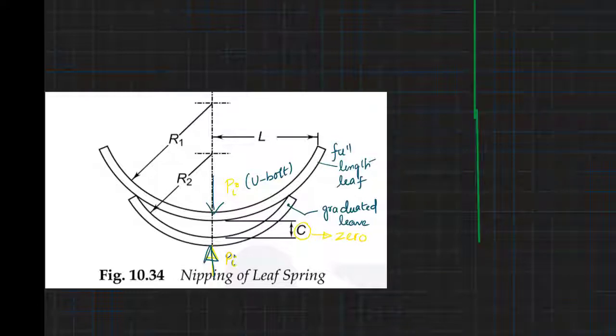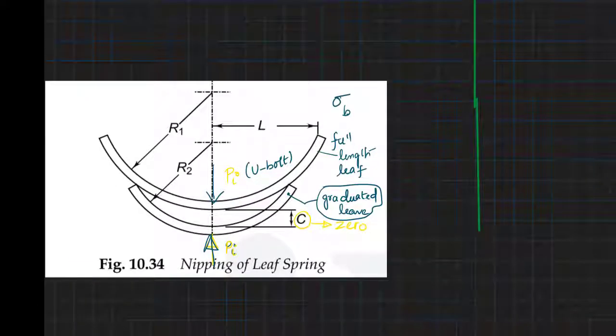Once the load is applied, this gap will reduce to zero, and also some pre-stresses are induced in graduated leaves as well as the full length leaf, which will make the whole assembly of the leaf spring subjected to the same bending stresses during maximum load.